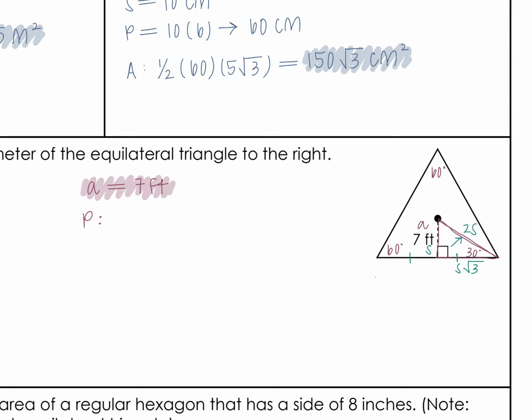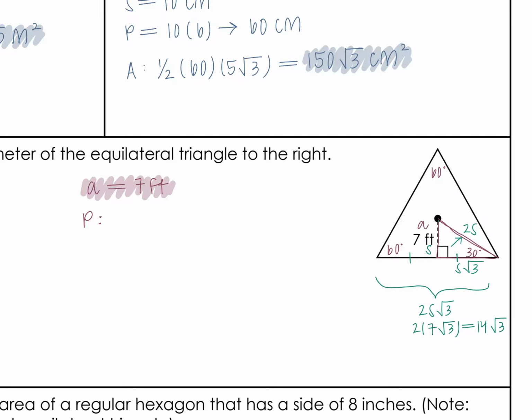And so therefore this side length here in my equilateral triangle would just be 2S√3. Well, I'm going to replace that S with the 7 that we said it's equal to. So I have 2 times 7 root 3, which is just going to give me 14 root 3.